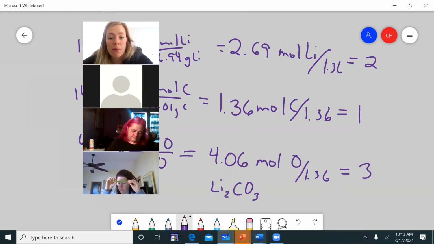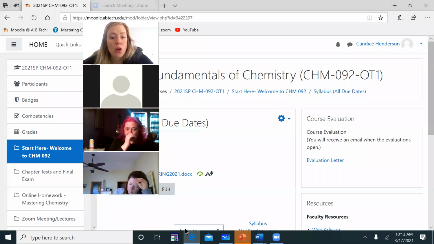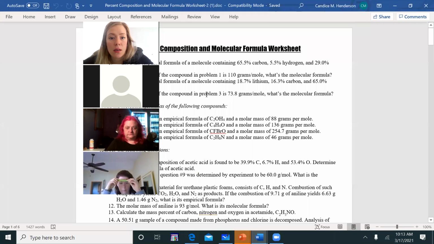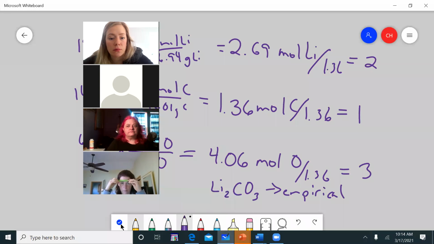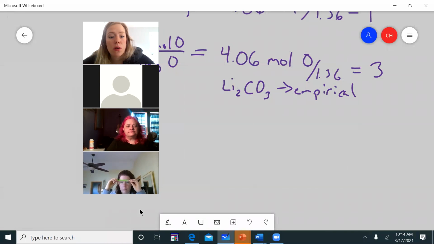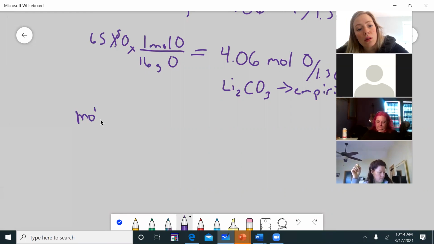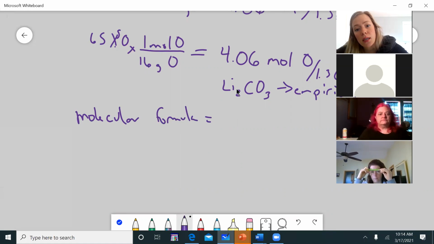The second part of the problem was saying, and we know that this is the empirical, right? Empirical. So it gives us the molecular mass 73.8. So our molecular formula is going to equal the empirical Li2CO3 times some value n.